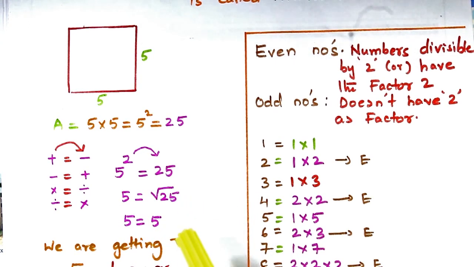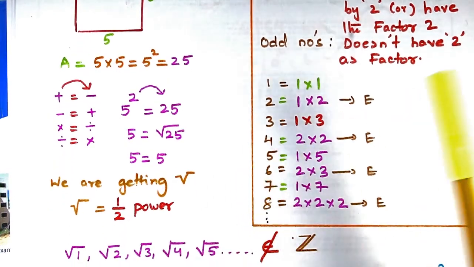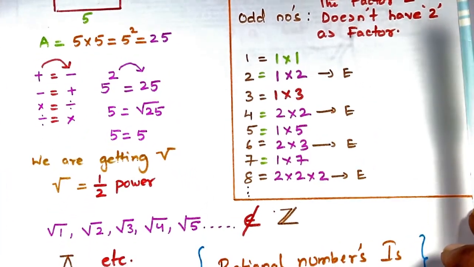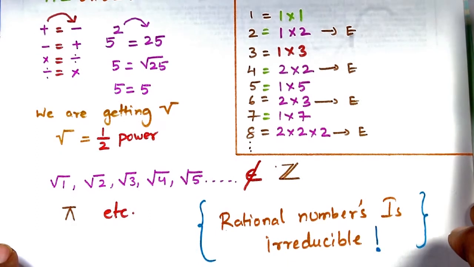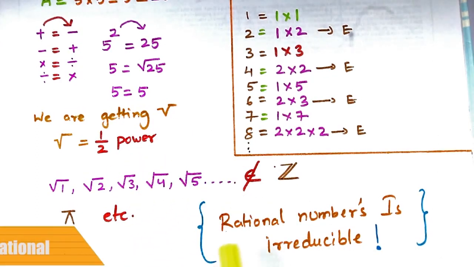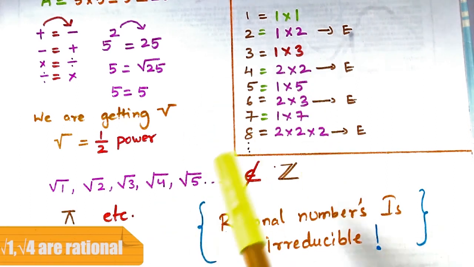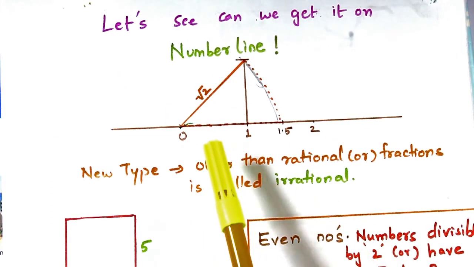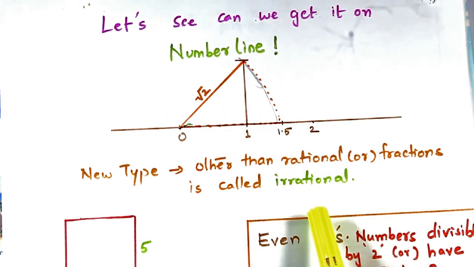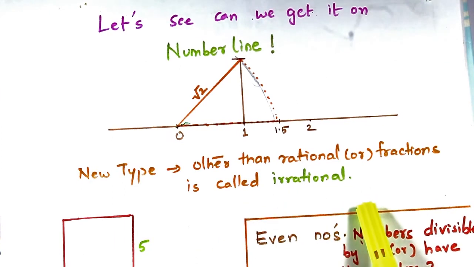So we can have infinitely many numbers, and they don't belong to integers, and they are also not rational numbers. They are some different numbers. We say that these types of numbers are opposite to rationals, and we are naming them irrational.